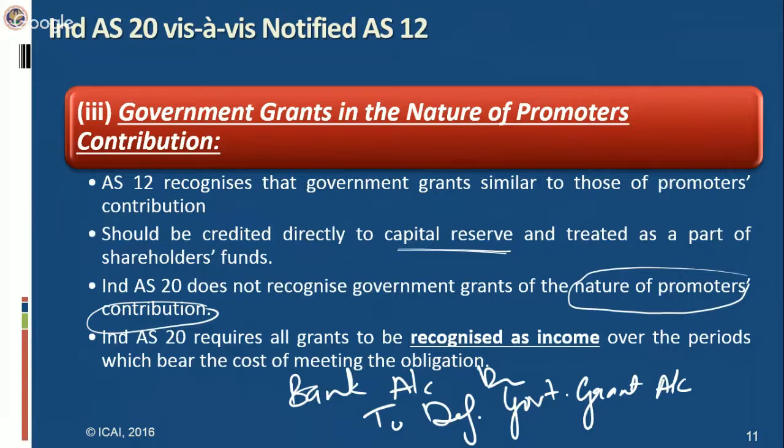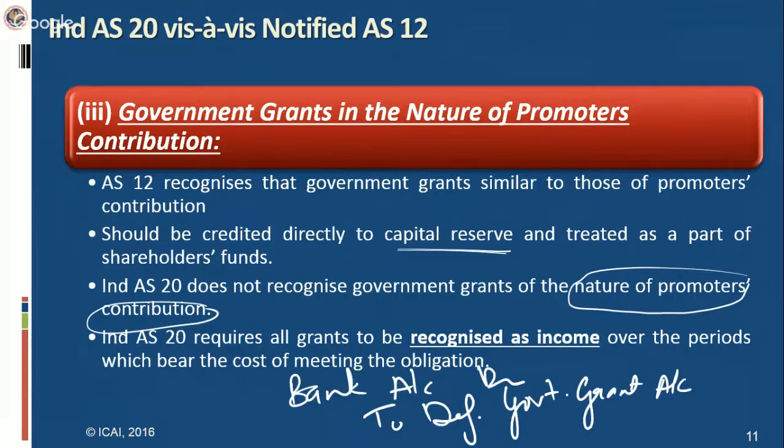And the reason is that Ind AS 20 is based on the principle that all government grants would normally have certain obligations attached to them. And when those obligations are discharged by the entity, they have to be recognized in the profit and loss account. So the grants related to those obligations should also be recognized in the profit and loss account as income.